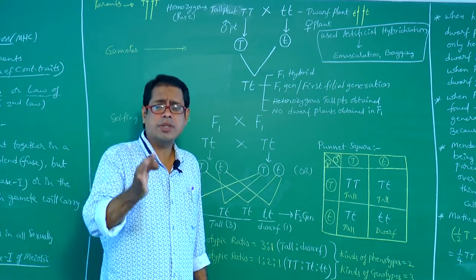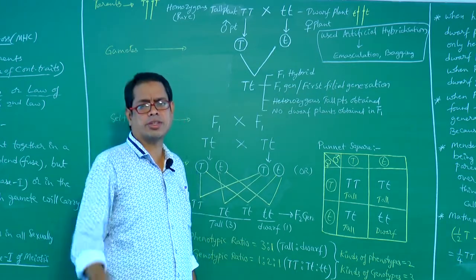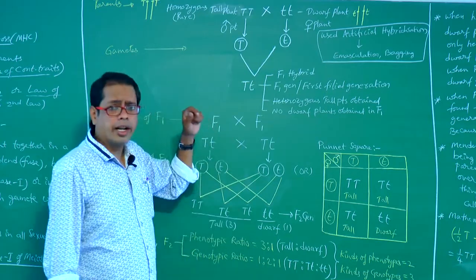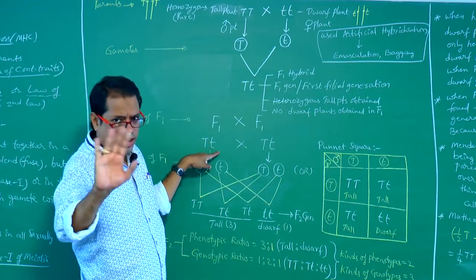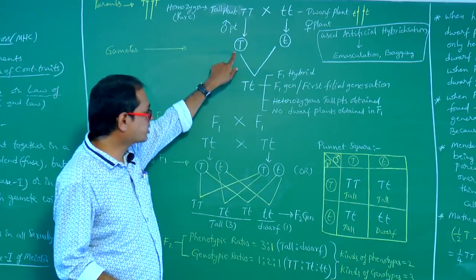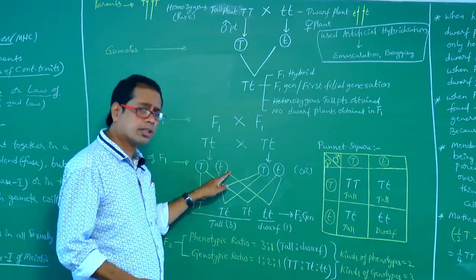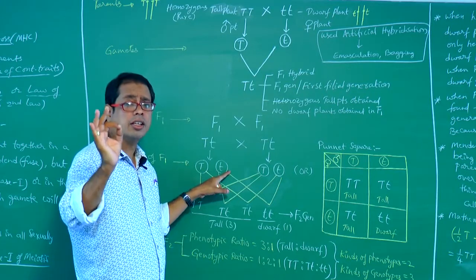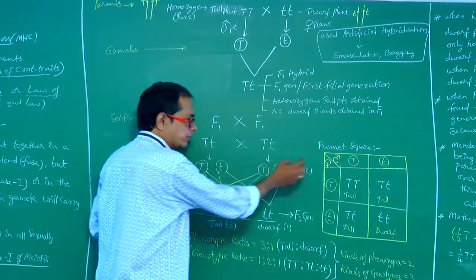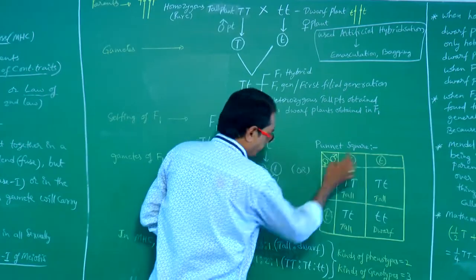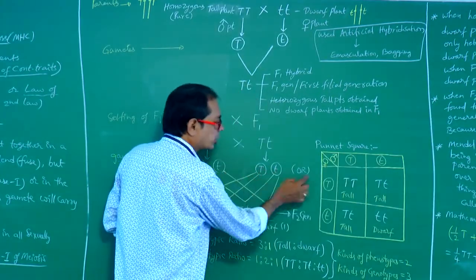Conventionally, the gametes are present inside the circles. Don't write the parents or the F1 hybrids inside the circles. The gametes are present inside the circles. See, capital T, small t, these two. Capital T, small t, these two.